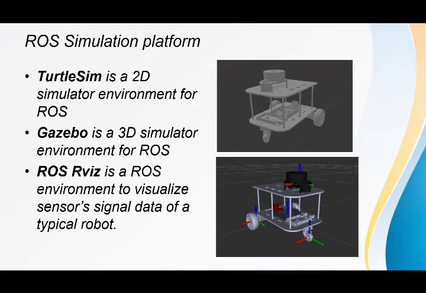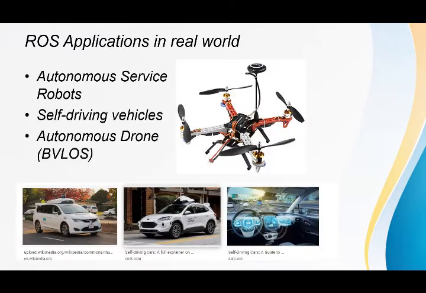This platform allows you to test run your robot and carry out simulation on a 3D platform. Then we also have RViz, which allows you to visualize your sensor signal data. And we also have RQT, which is used for analysis and to carry out other computations.